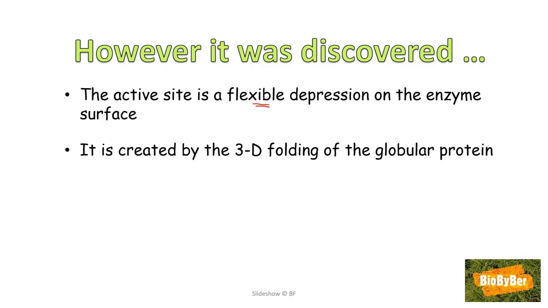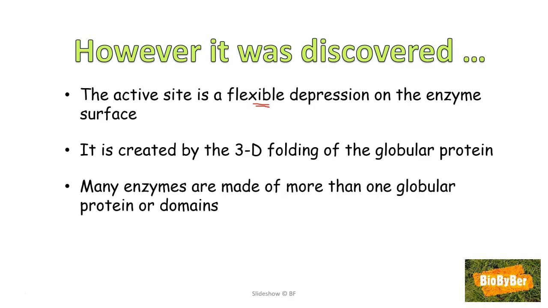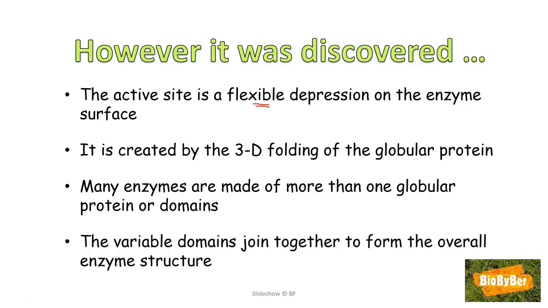This 3D folding of the globular protein gives a three-dimensional hollow, which is rather flexible, on the surface of the enzyme. It was also discovered that most enzymes are made of more than one globular protein, called domains. These variable domains join together to form the enzyme's overall structure.